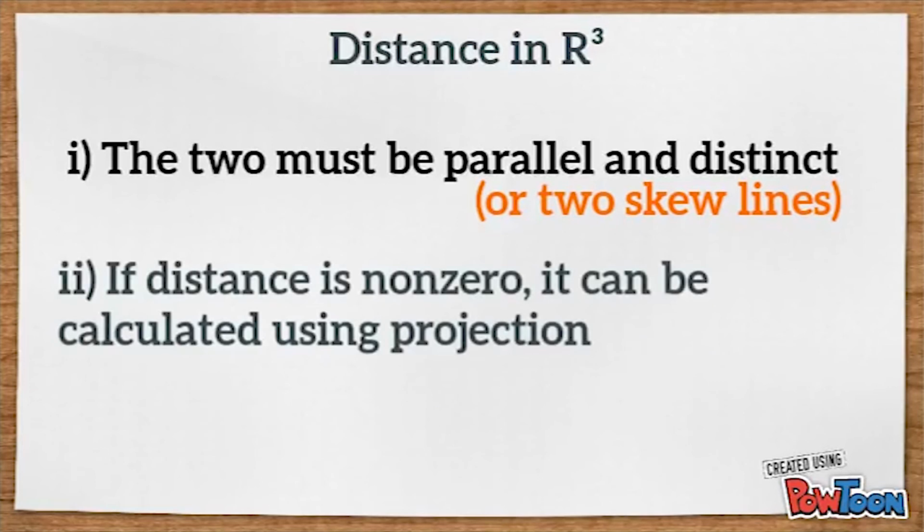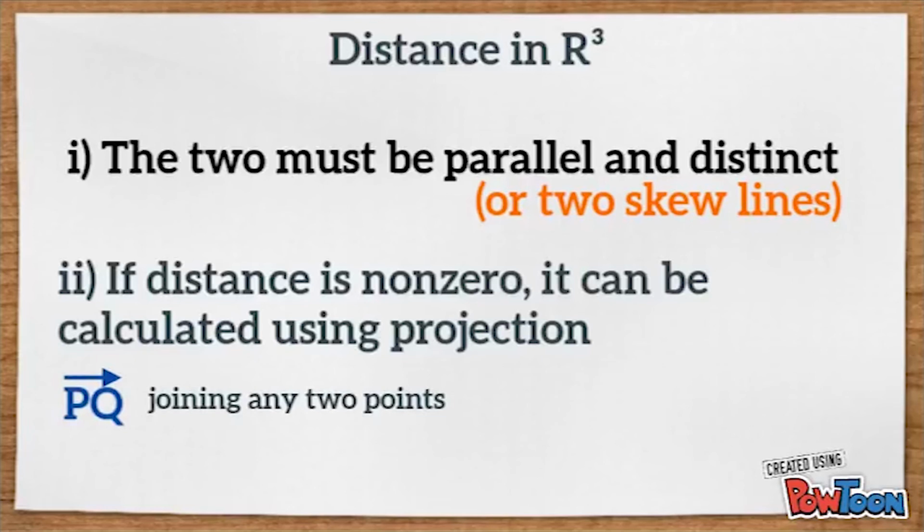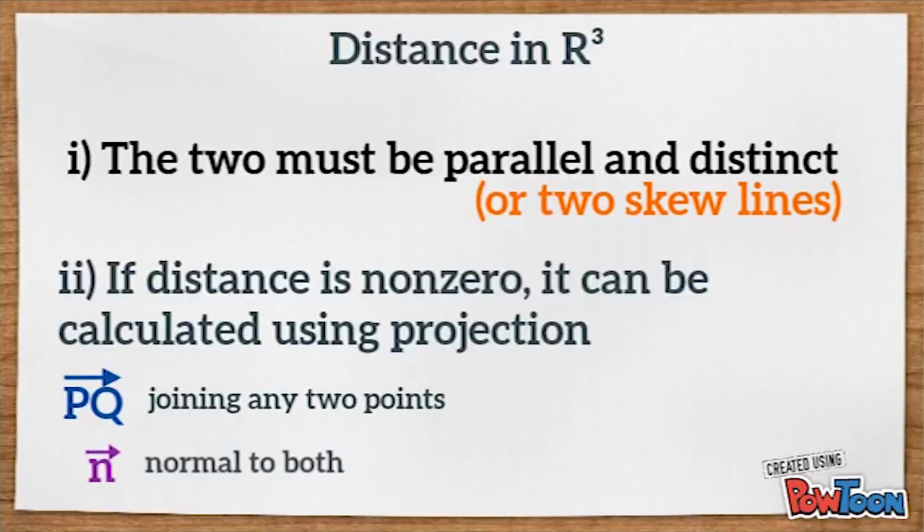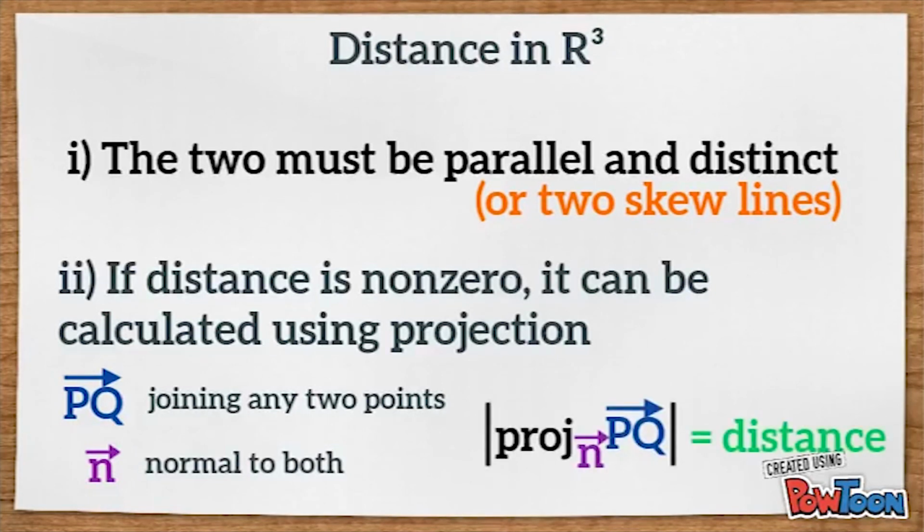Second, if the distance is non-zero, then it can be calculated using the vector projection method that has been used multiple times in this video. Vector PQ joining any point on each object is projected onto vector n, a vector normal to both. The result will be the distance between the two objects.